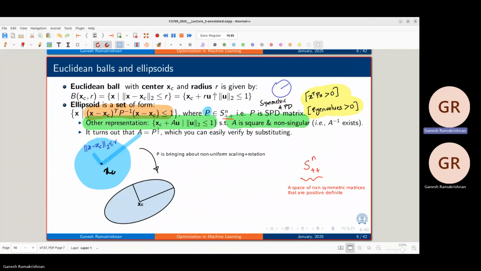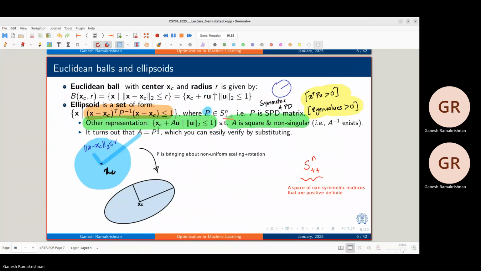The other way of viewing it is as follows. Instead of bringing rotation into the dot product space, basically a matrix induced dot product, we'll see a lot more matrix induced norms and matrix induced dot products. But there's another representation.